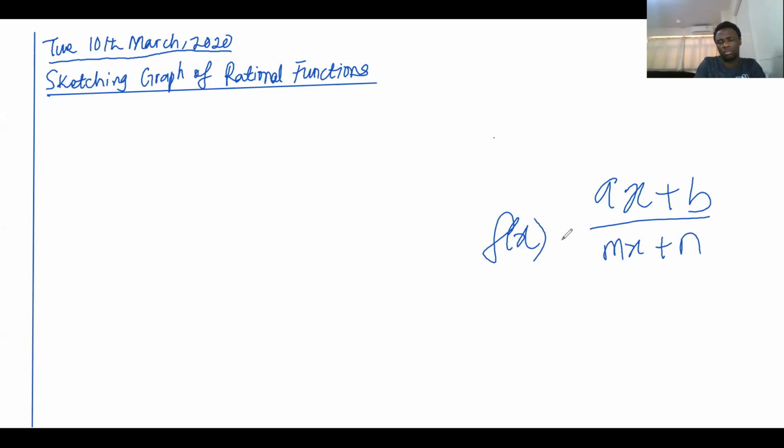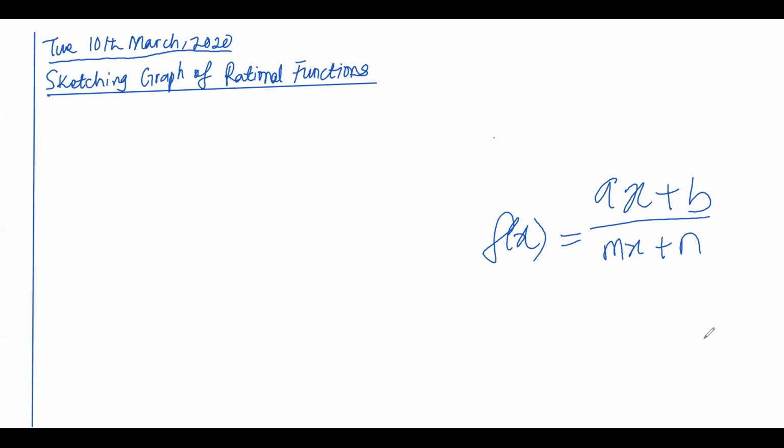We can put mx plus n equal to 0. So to get the first one, we do mx plus n equals 0, and of course we get x equals negative n over m. And this is your vertical asymptote. What about the horizontal asymptote? Can I hear from someone else?